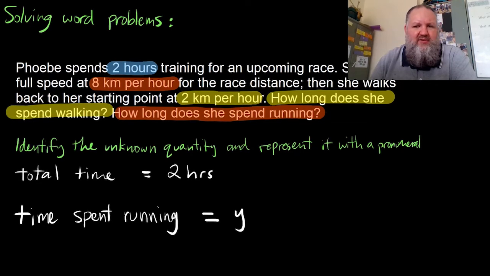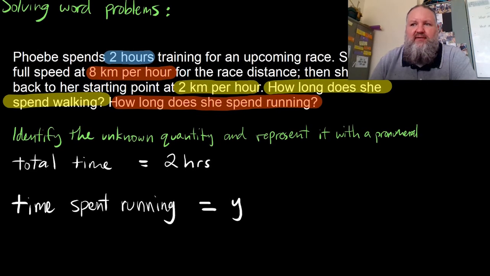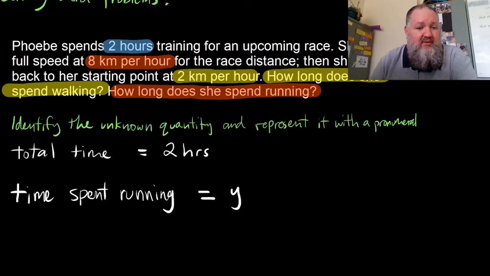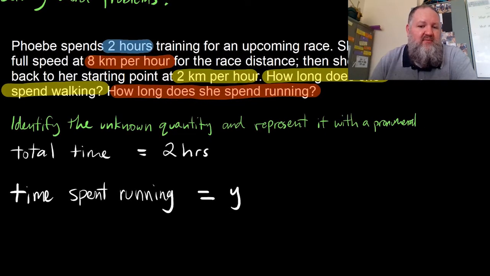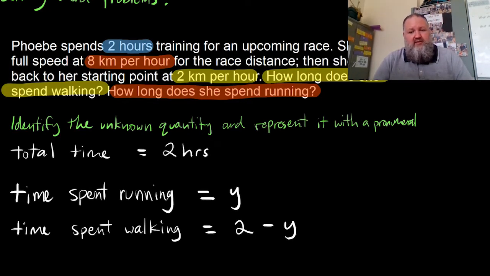So based on the fact that she was running for a Y period of time, the time that she would have spent walking is the 2 hours minus the running time, right? So it'll be 2 minus Y. Okay, so she spent Y hours running, and she spent 2 minus Y hours walking. I think we're good with that so far.